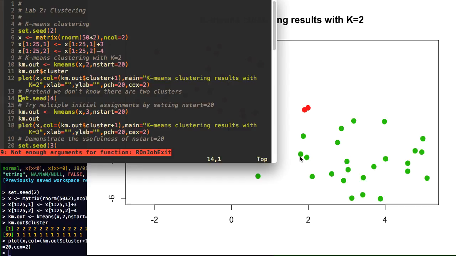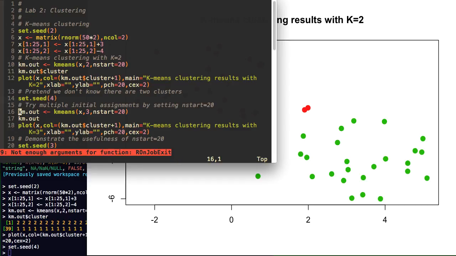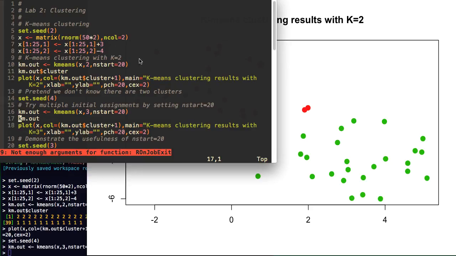Okay, now let's pretend we don't know there are two clusters. I'm going to set the seed again, and we're going to try 3 clusters. Remember that in k-means clustering we have to decide in advance how many clusters we believe there are. By the way, the textbook has nstart equals 20, so this causes us to have a number of initial configurations to go from.